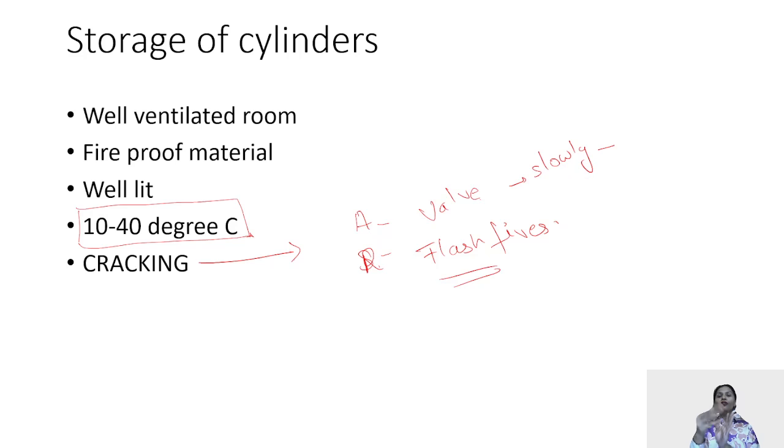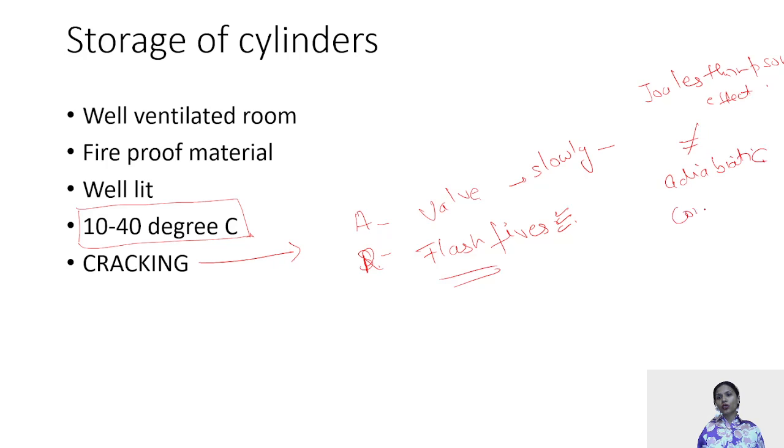It is moved slowly so that all the dust, oil, or whatever is present around the valve gets dissipated first, and there is no sudden increase in heat which can lead to flash fires, also known as the Joule-Thomson effect, or in order to prevent adiabatic compression.